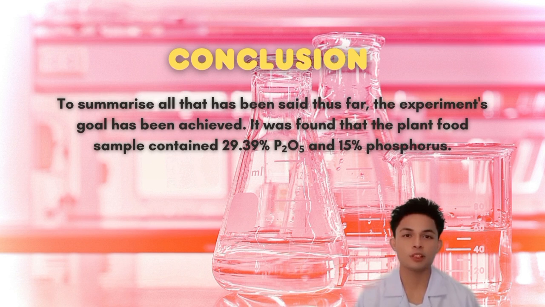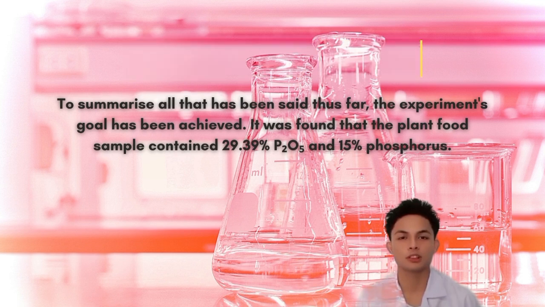So by the experiment, we can conclude that, to summarize all that has been said thus far, the experiment goal has been achieved. It was found that the plant food sample contained 29.39% phosphorus pentoxide and 50% phosphorus.